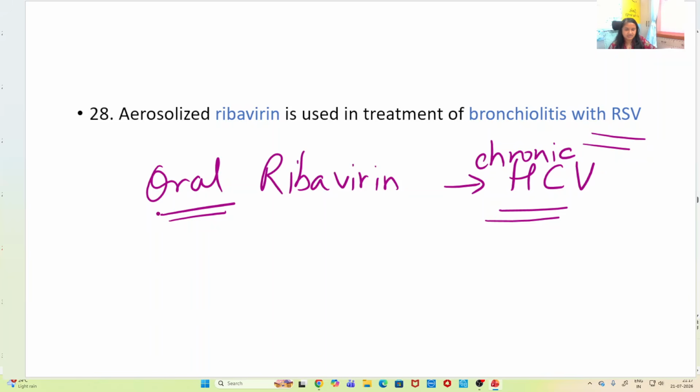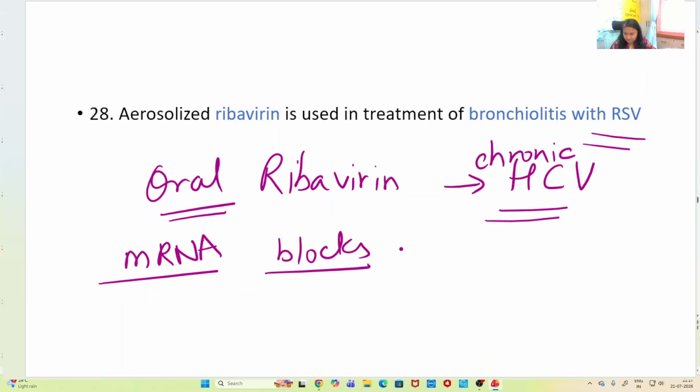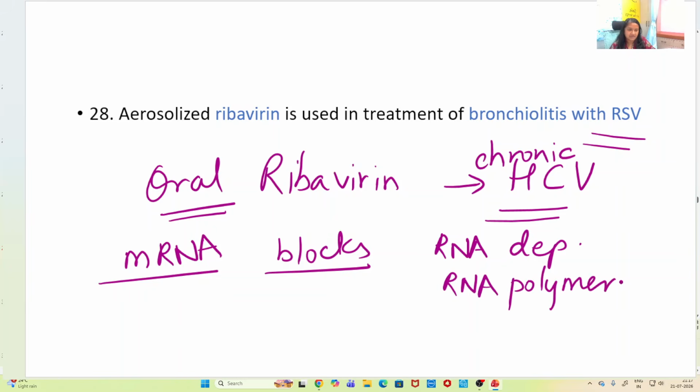What does it do? It basically interferes with the viral mRNA. Okay, it blocks the viral RNA dependent RNA polymerase. Okay, RNA dependent RNA polymerase, this is blocked by this drug, and it therefore helps control the multiplication of the virus.